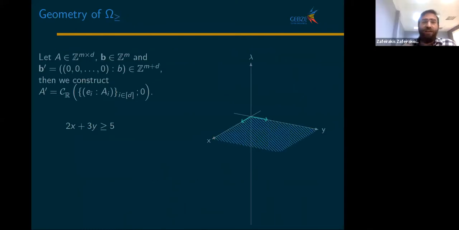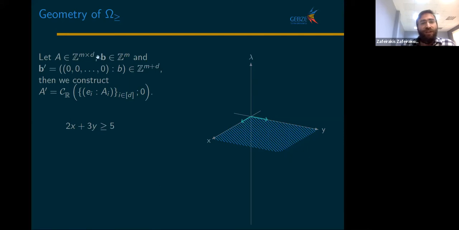Great. Then I will show you now what omega means geometrically. By the way, this is work from my PhD, but it's also joint work with Felix Breuer. I will only use one inequality in two variables because I can only draw in 3 dimensions, and I need 1 dimension for every variable and 1 for every inequality.